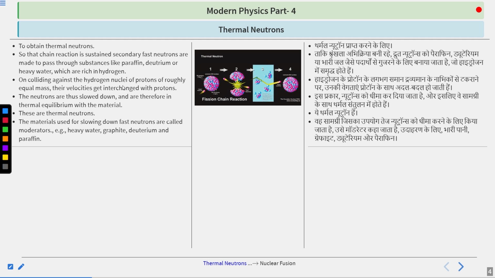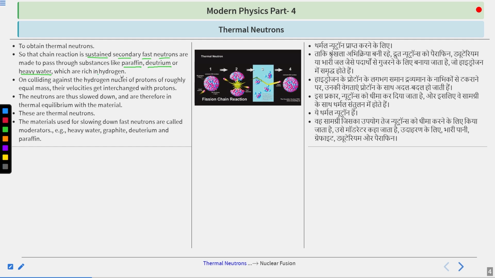So in order to obtain thermal neutrons, the sustained secondary fast neutrons are forced by us to pass through substances like paraffin, deuterium or heavy water, which are rich in hydrogen.